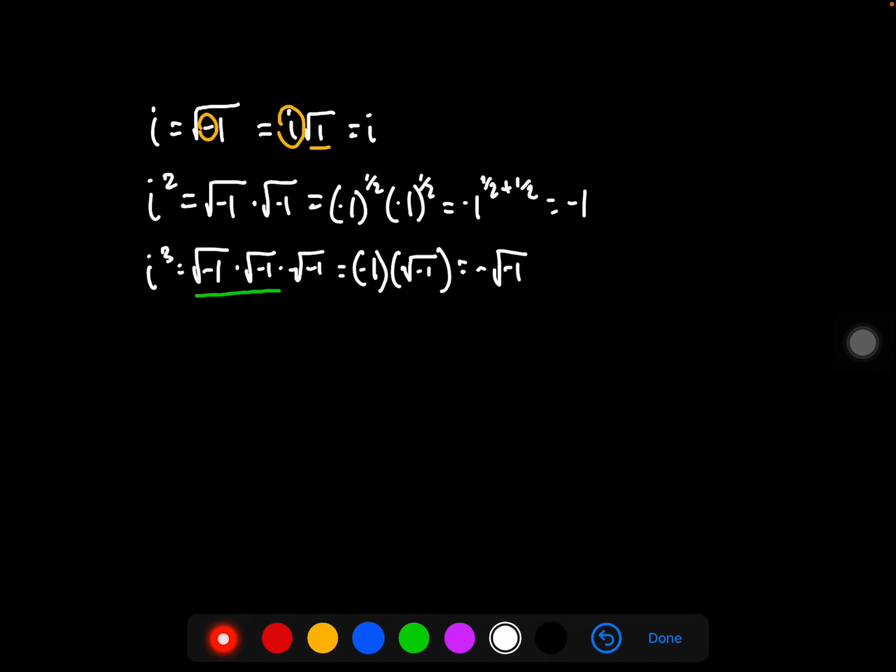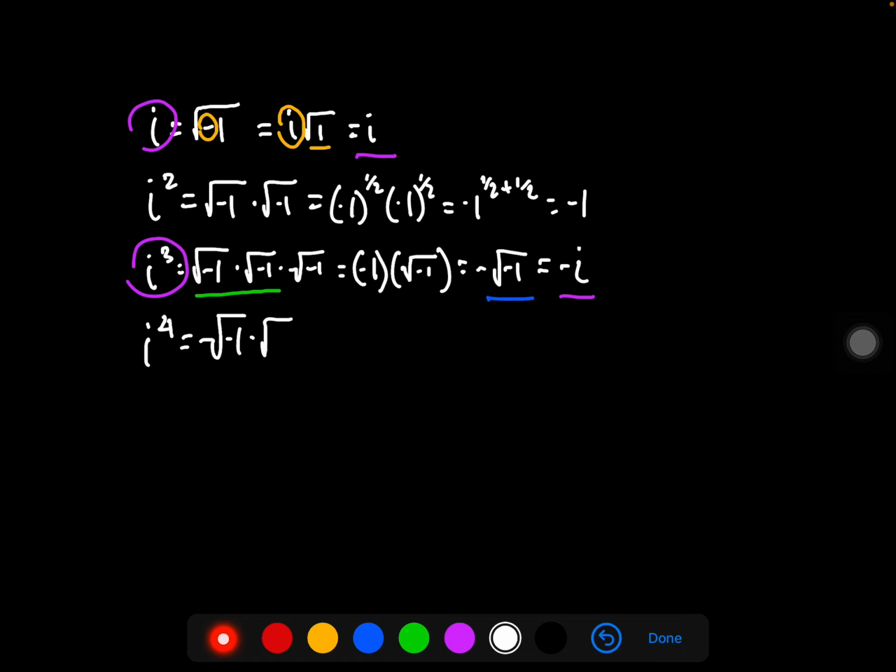And then the square root of -1 is i, so this is all equal to -i. What we see here is that odd exponent values for i come back imaginary numbers, and even exponent values of i are going to come back real numbers.